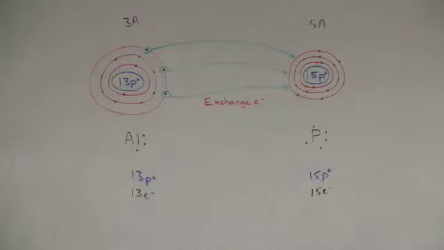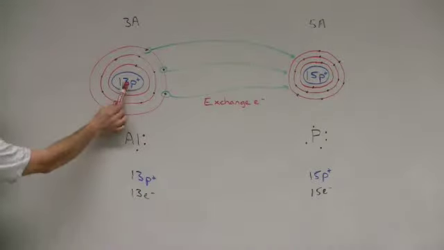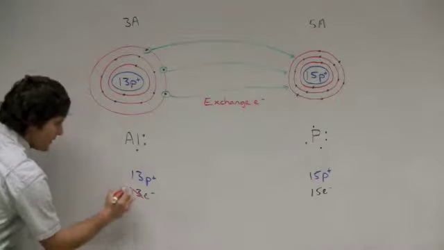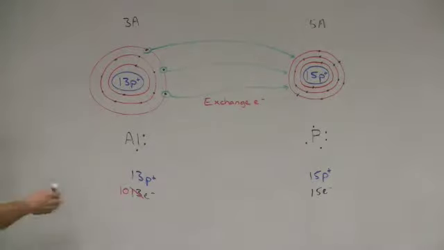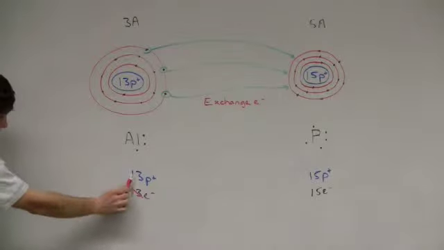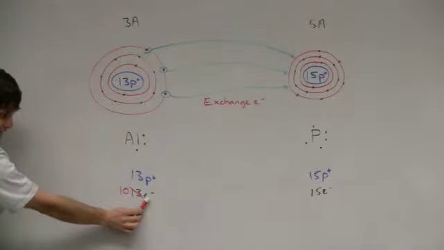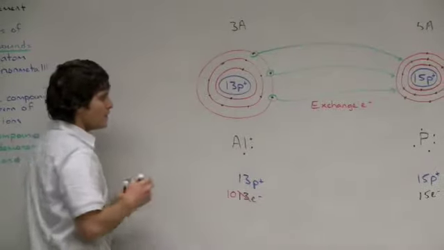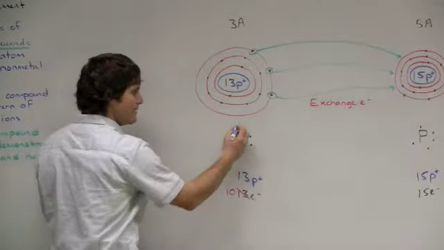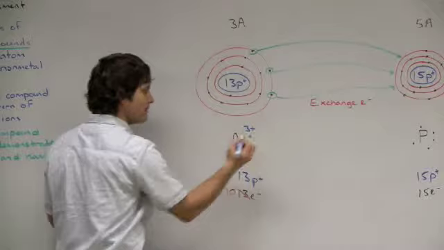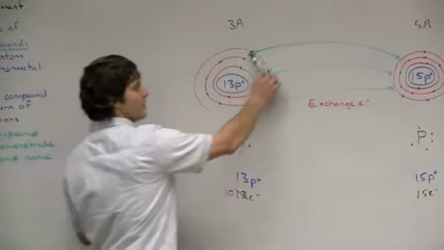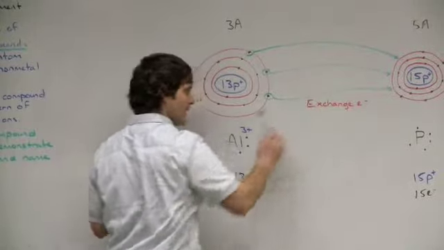And so what happens, no longer does aluminum have 13 electrons, now it only has 10 electrons. And because it only has 10 electrons, it now has 13 positives and only 10 negatives, the positives are winning by 3, so aluminum becomes a 3+ ion. The atomic structure, we show the exchange of electrons like that.